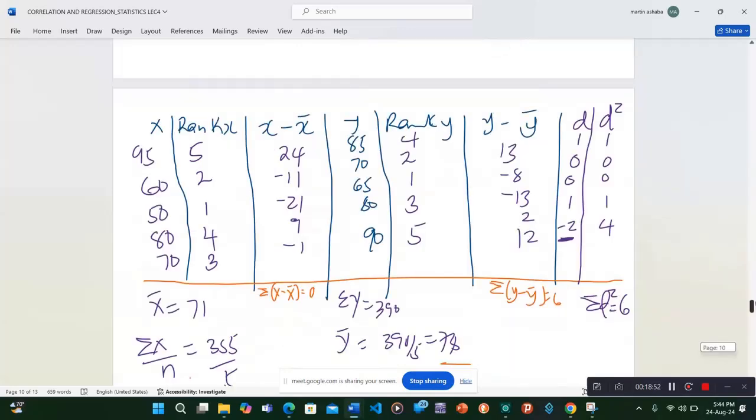Okay. I hope there is no other that we have left behind. Then the other ones are squaring this, squaring that, and we sum. So 24 squared plus negative 11 squared plus negative 21 squared plus 81, which is 9 squared, plus 1.